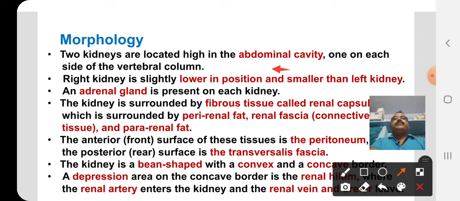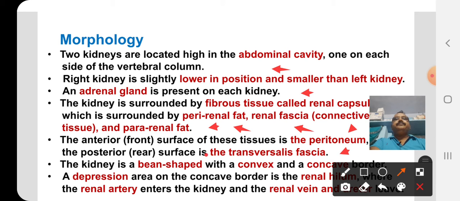Adrenal gland is present on the kidneys. Kidney is surrounded by fibrous tissue called renal capsule, which is surrounded by perirenal fat, renal fascia and pararenal fat. The front surface of this tissue is the peritoneum. The posterior surface is the transversalis fascia.